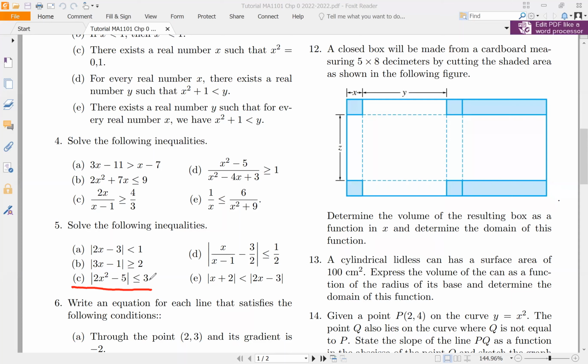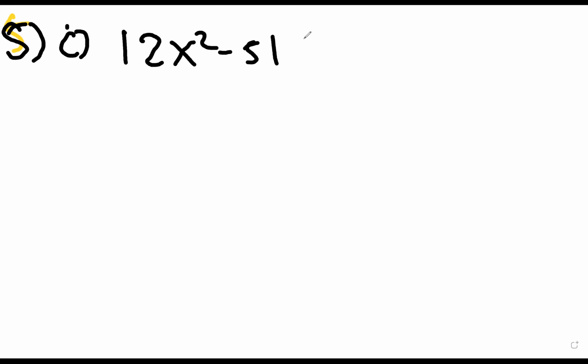We want to know what is the solution to the inequality absolute value of 2x squared minus 5 is less than or equal to 3. So the inequality is absolute value of 2x squared minus 5 less than or equal to 3.